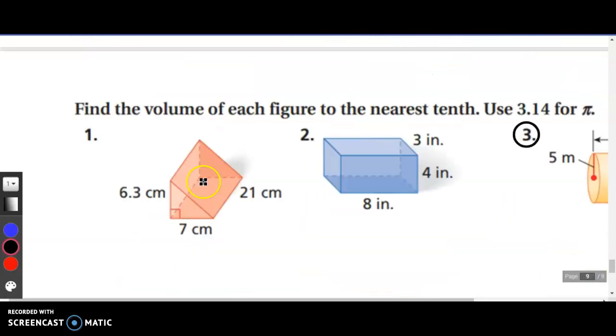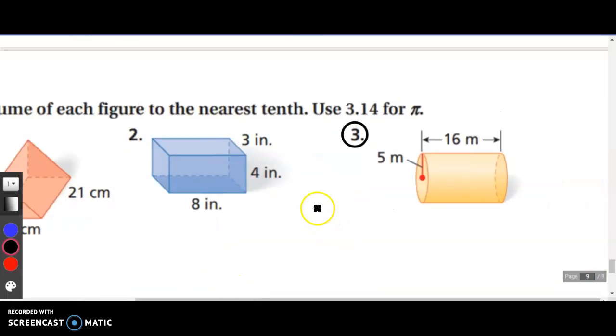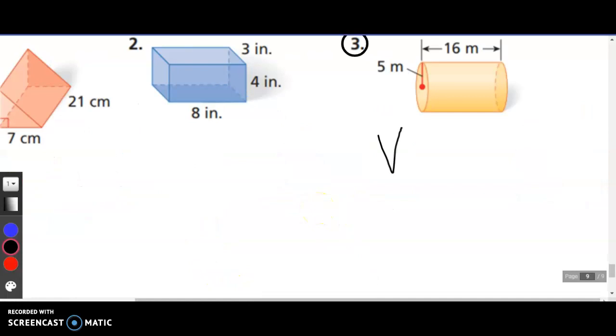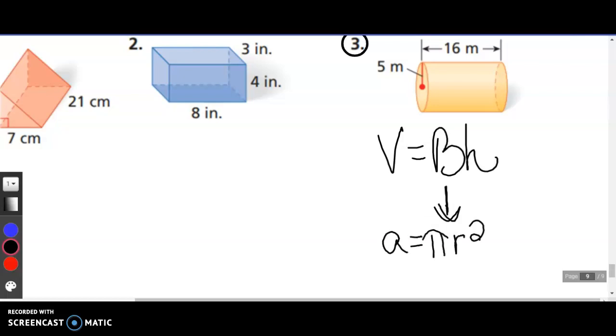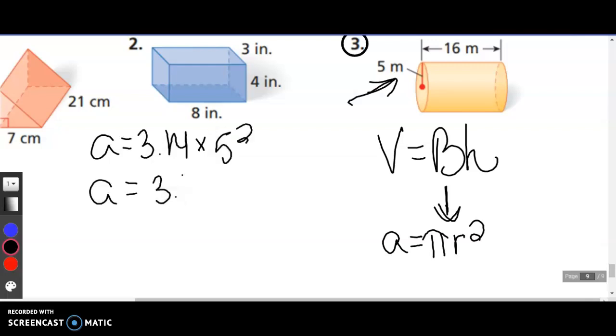And then finally, we have a cylinder, and the volume equals the area of the base times the height. Well, the base of a cylinder is a circle, so we're going to use pi r squared. So we're going to use 3.14 times here, the radius is 5 squared. We already absolutely did this one, and we wound up getting 78.5.